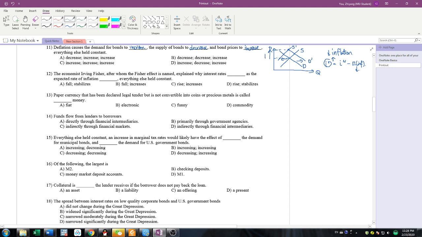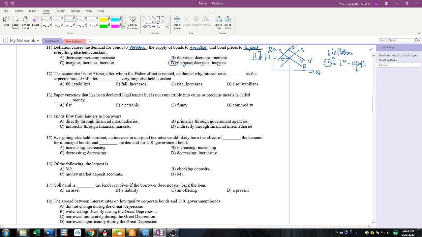The only thing you need to know is that when price increases, the yield or interest rate goes in the opposite direction, so it decreases. In this question, that's not a problem. So let's find out which one is the right answer. It's going to be increase, decrease, and increase. So the right answer is D.